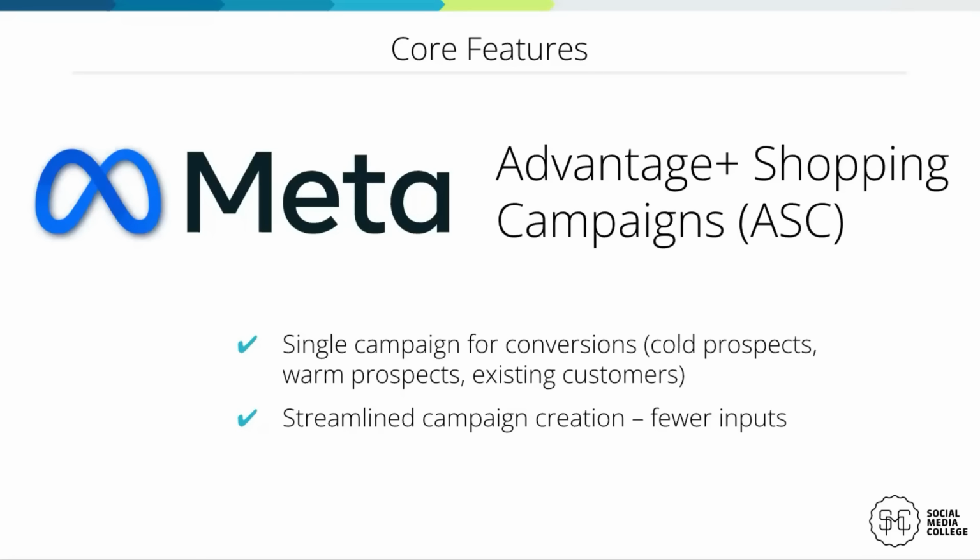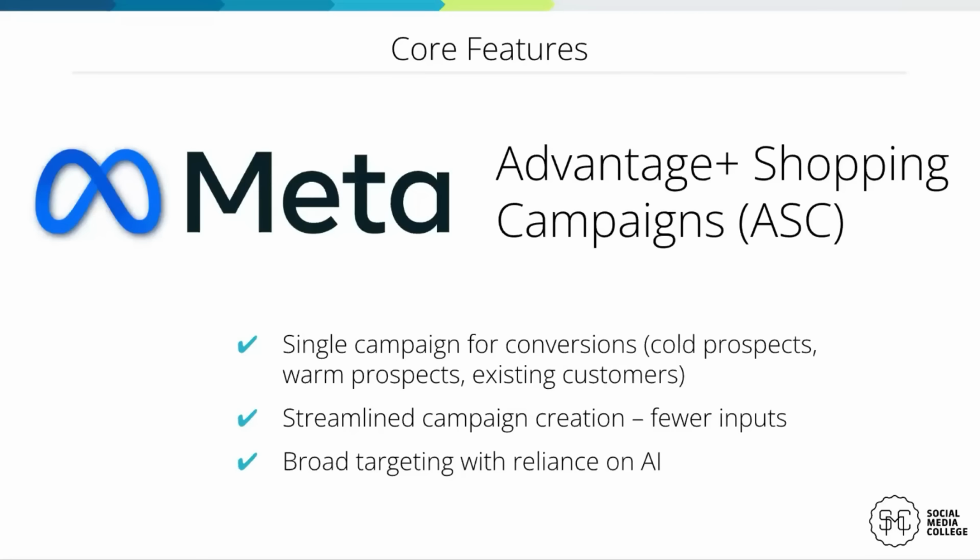And what Meta is doing here is now saying, we know better. We were giving you too many options when it came to creating a campaign, and we were asking you to answer too many questions. But the reality is, thanks to advancements in technology with advertising on social media, it is actually better that Meta handles this and they tell you what the inputs should be in your particular campaign.